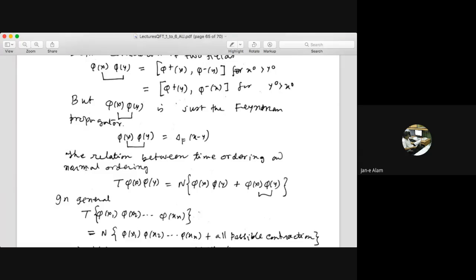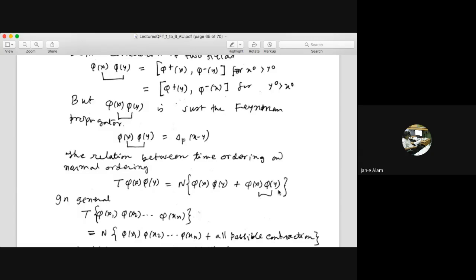Then I can write the relation between the time ordering and the normal ordering. The time ordering of operators phi x and phi y is equal to the normal ordering, and within the curly bracket I put, and all possible contractions, right?